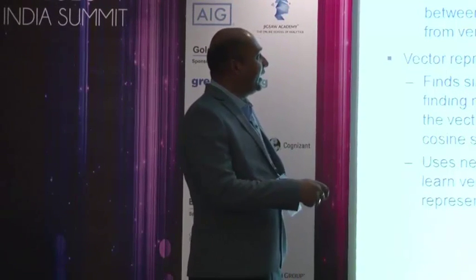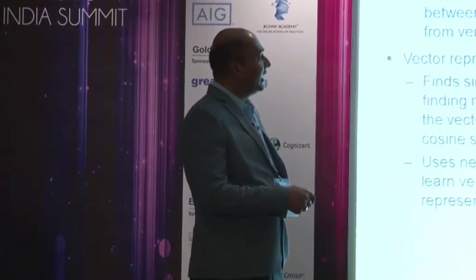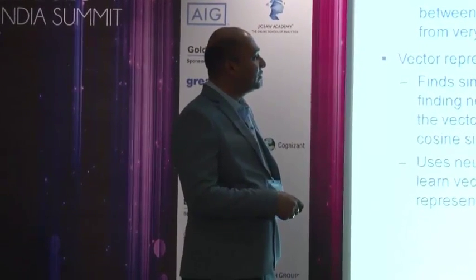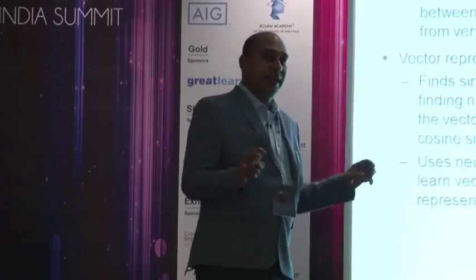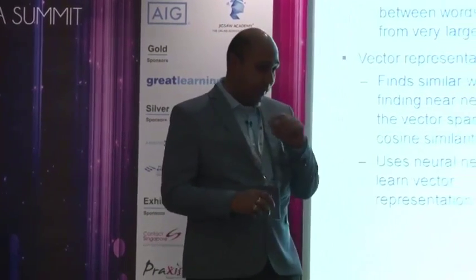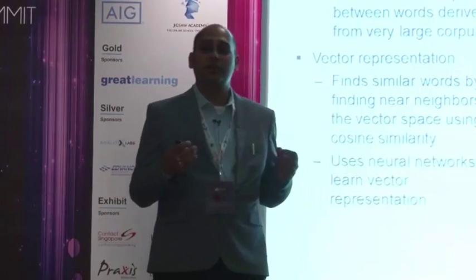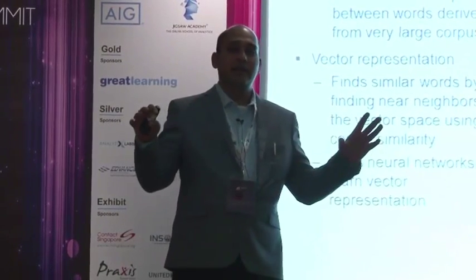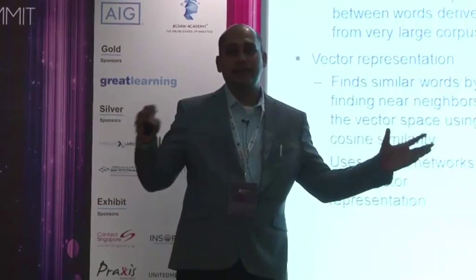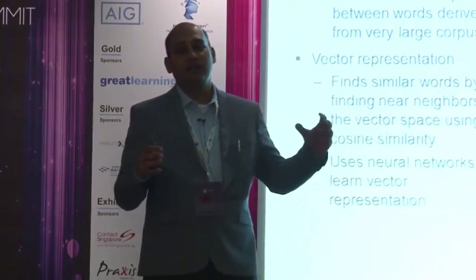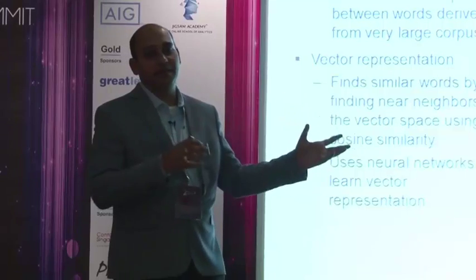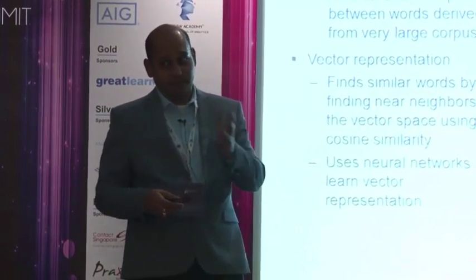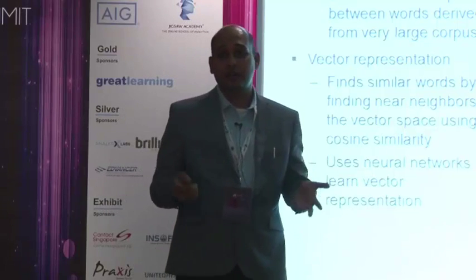Then you have neural net layers, and these layers can look at different resolutions. So it captures the context, the semantic and the syntactic meanings, and the fact is that you need a very large corpus over here.